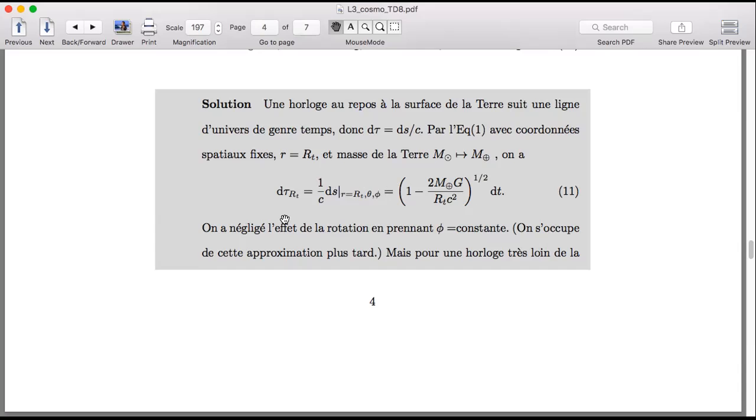So we've ignored the fact that the Earth is rotating. Where did that approximation come in? Well, when we said that phi was constant here, phi is not the longitude on Earth, because we don't have a coordinate system that's rotating with Earth. We have a coordinate system that's not rotating with respect to the fixed stars, but Earth itself is rotating with respect to the fixed stars.